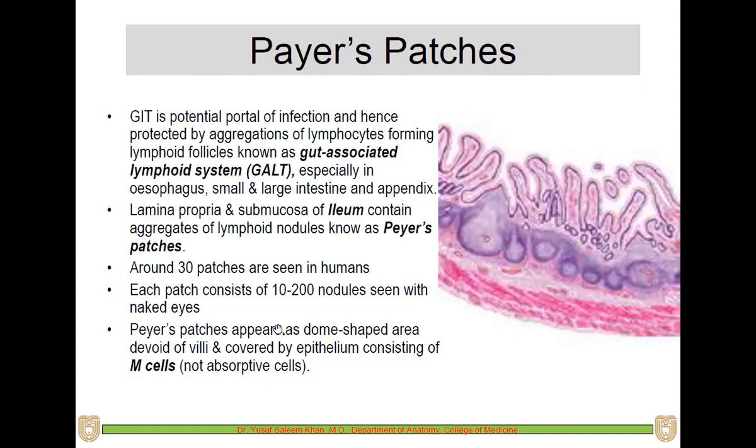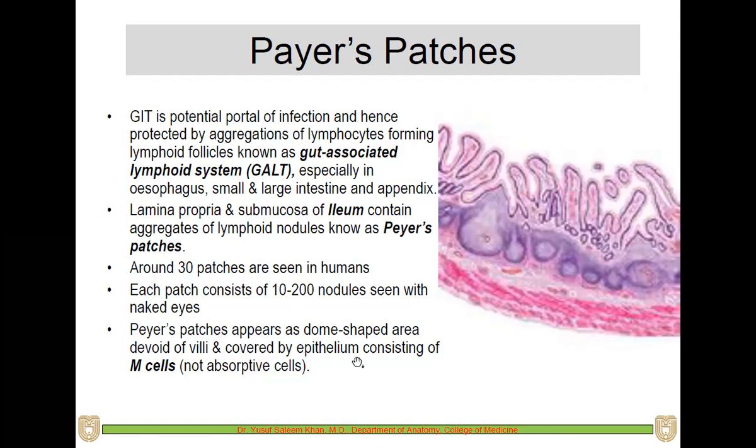The Peyer's patches appear as dome-shaped areas devoid of villi. You might have studied, or will be studying in more detail in histology as well as pathology, how they exactly look. Villi are the finger-like projections, and they are absent where the patches are present.